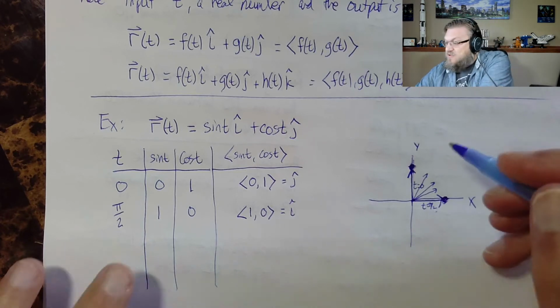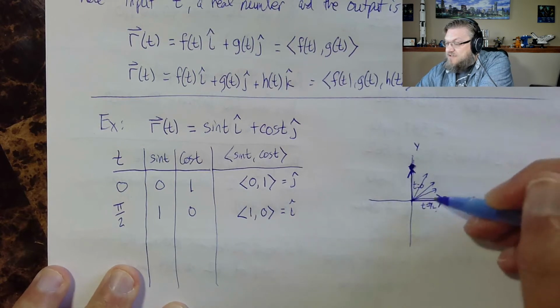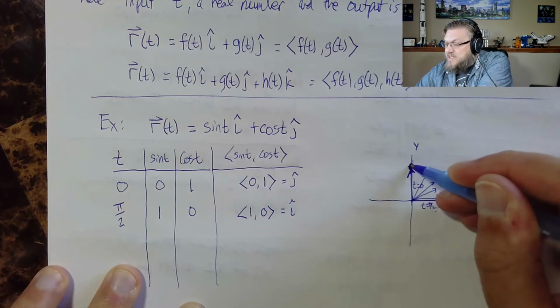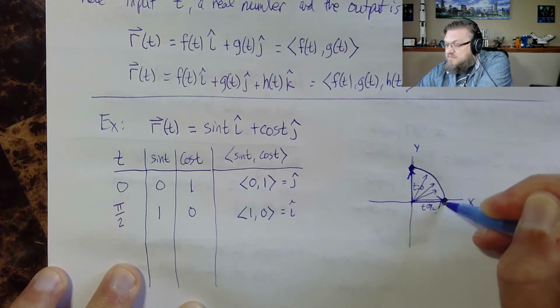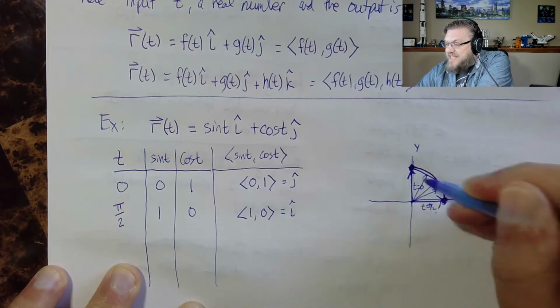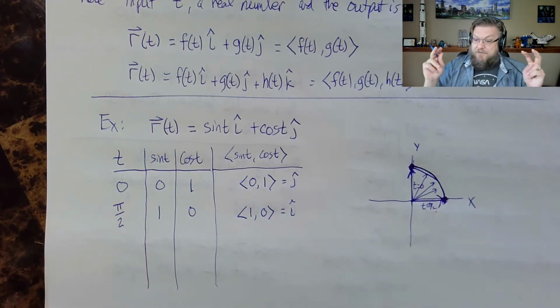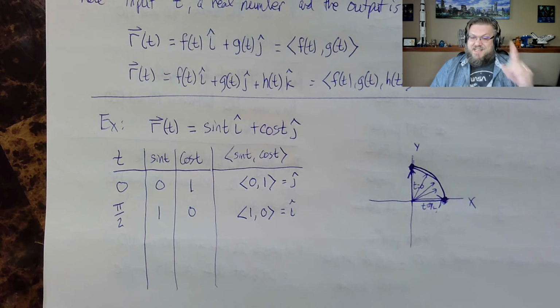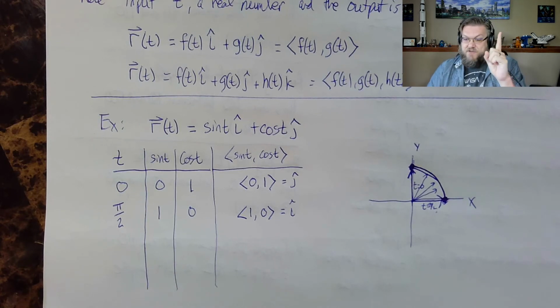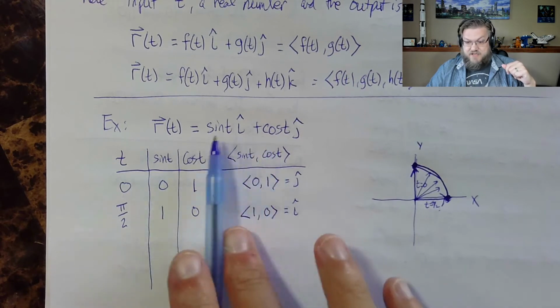Instead of keeping track of all of the arrows, I keep track of this point and draw that. That's what we mean by the graph of a vector valued function. It's basically what the vector is pointing at, keeping track of what it has been pointing at as it moves around, depending on whatever formula you have.